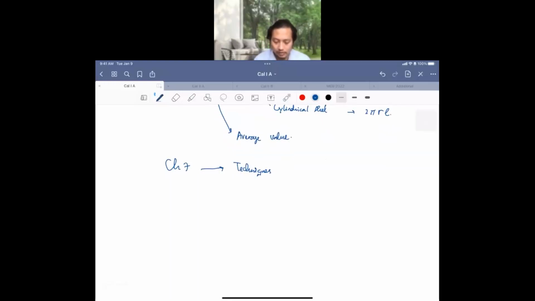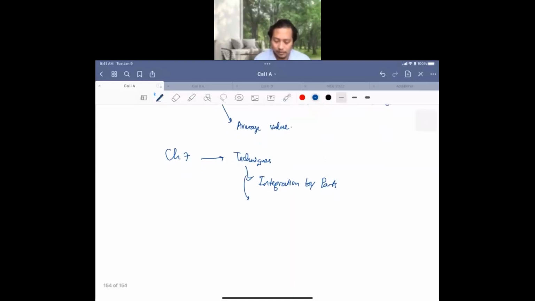And chapter 7, this is all about the techniques. Techniques means the more advanced, like integration by parts. Trigonometric integrals. Trigonometric substitutions. Remember, you can substitute for sine, cosine theta, secant theta and tangent theta.